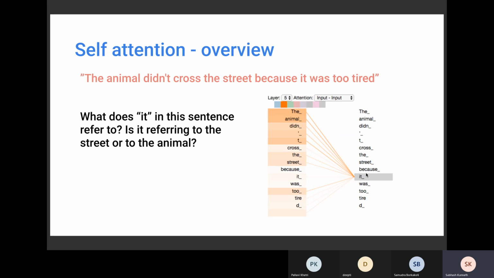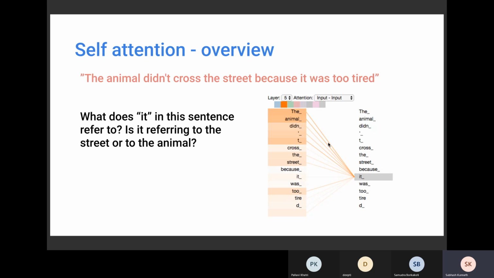So while encoding it at the encoder side, it gives more focus on the animal part; the weight for the animal part is more while encoding it. That's the idea behind using self attention. And these attention weights are learned while the training is happening.